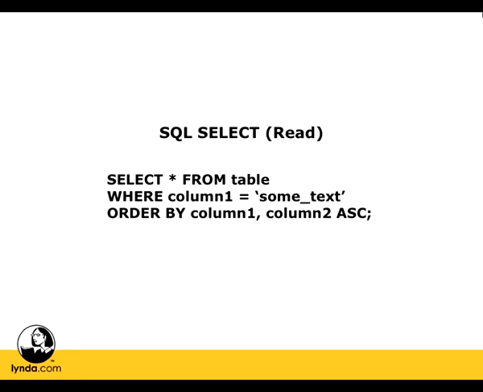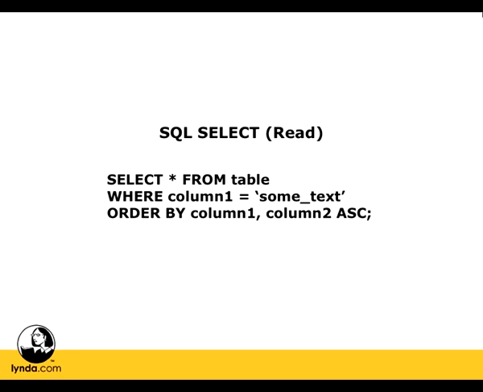We'll need to create that table, of course, where the column that we're looking for is equal to some text. So let's imagine that that's where first name equals, and then someone's first name. And that's going to be in quotes because it's a string. Then we're going to take all of those results and we're going to order them by, and we can have different columns which decide how we order it.